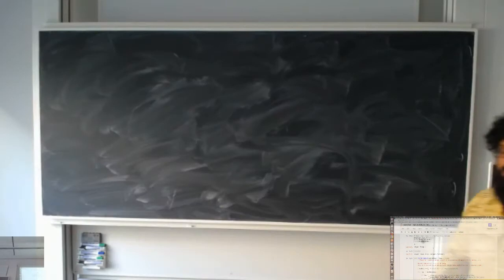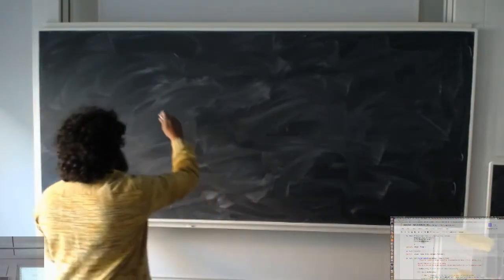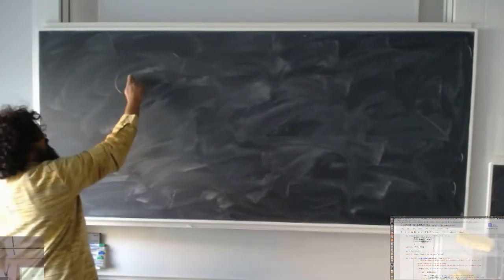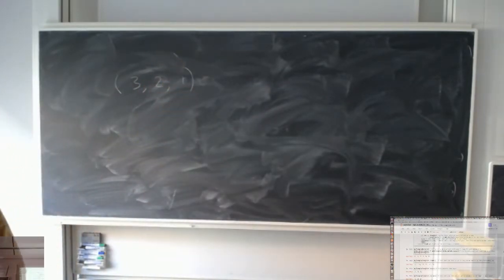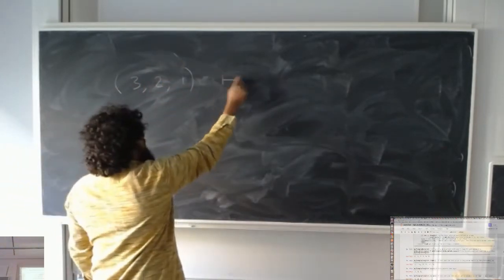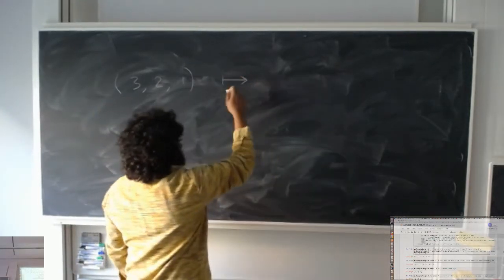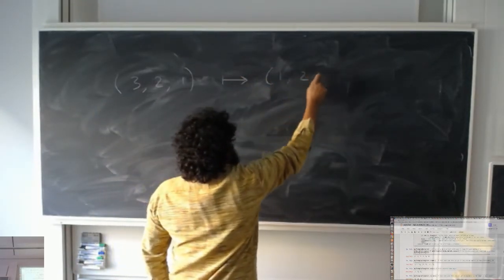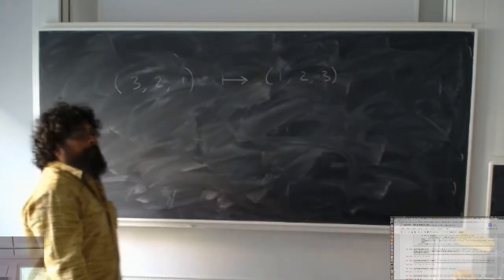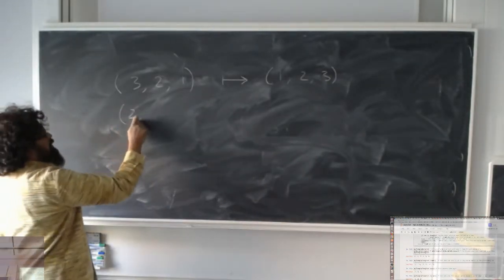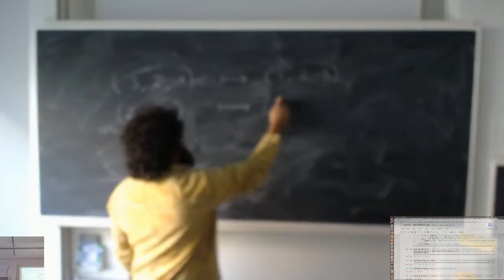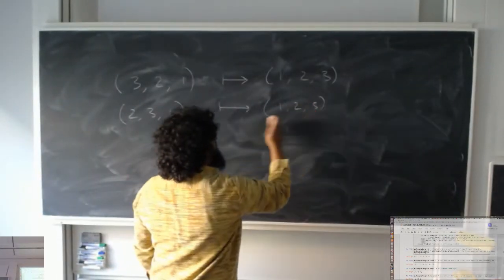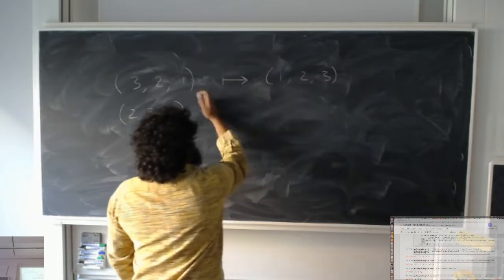Okay, what I mean by that is, let's say we only have three numbers: 3, 2, 1. This is the data I got. Then the order statistic of that will be 1, 2, 3. But if I have my original data to be 2, 3, 1, then the order statistic will still be 1, 2, 3, right?